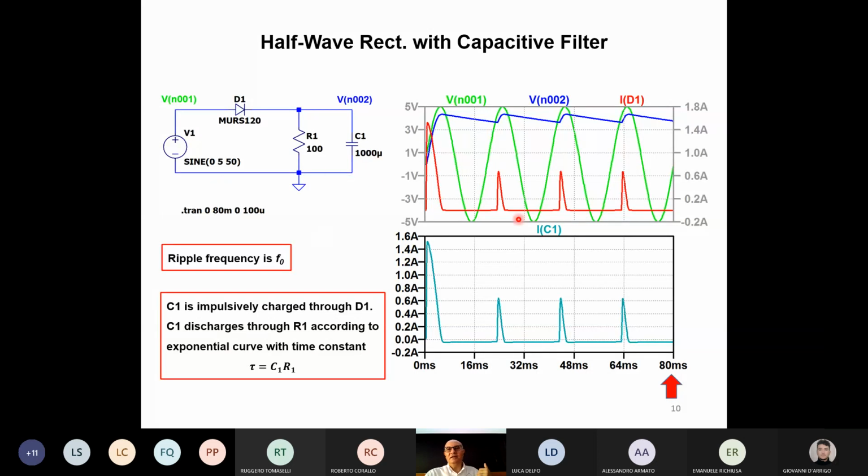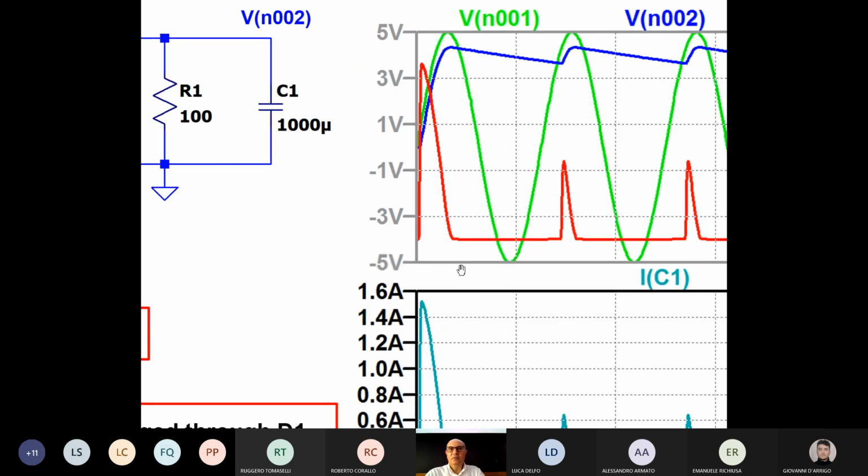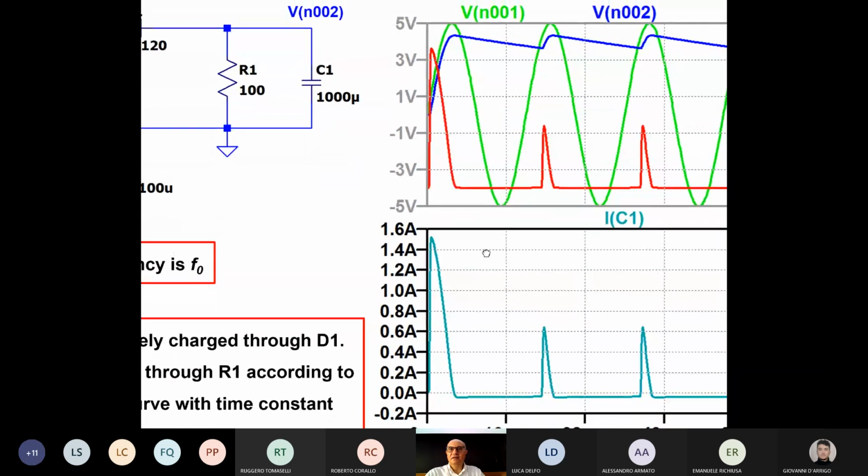When we have the first sinusoidal wave, just because the capacitor has 0 volts, there will be a large peak of current to charge the capacitor, which tries to follow the voltage at the input. You see that the blue line, which is also the voltage on the capacitor, is following almost perfectly the green line.